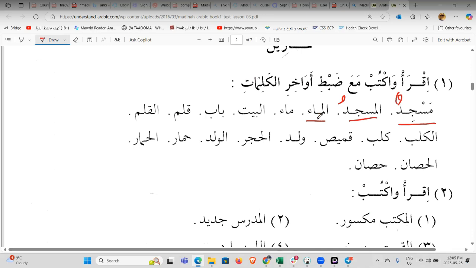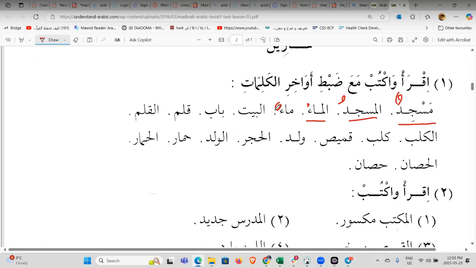Ma. Al-ma'u. No, read it with the ending. It will be al-ma'u. Ma'un. Yeah, exactly. So this one, because it has alif and lam, there's no tanween.